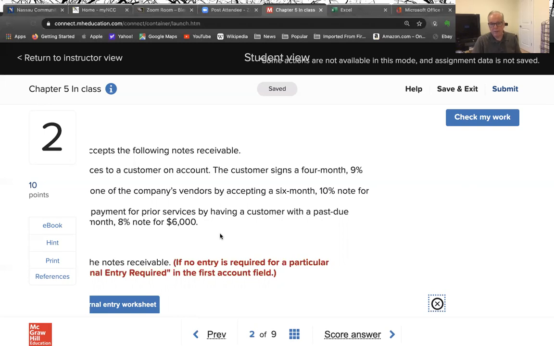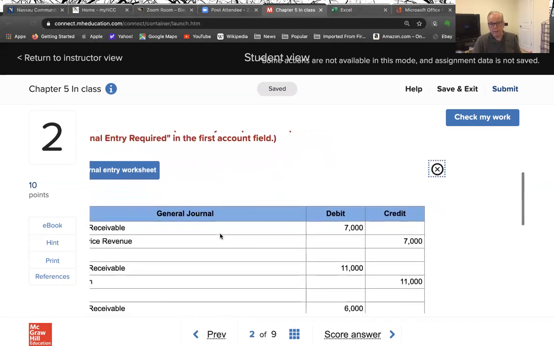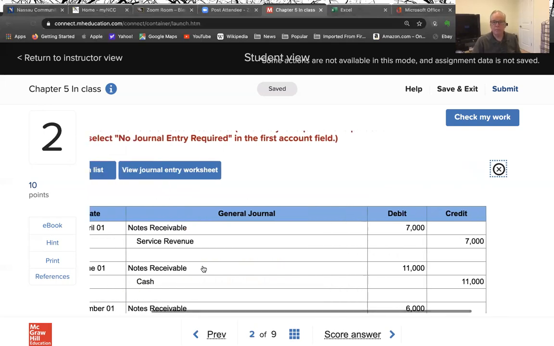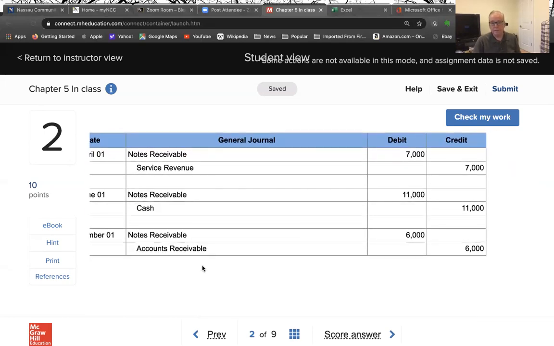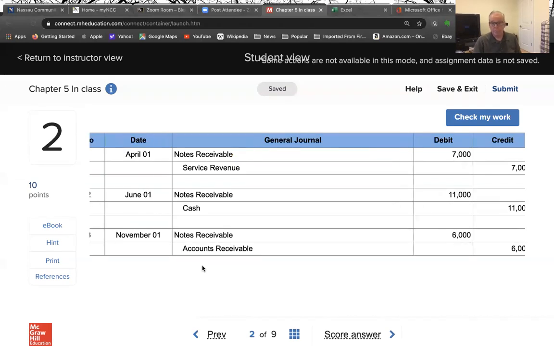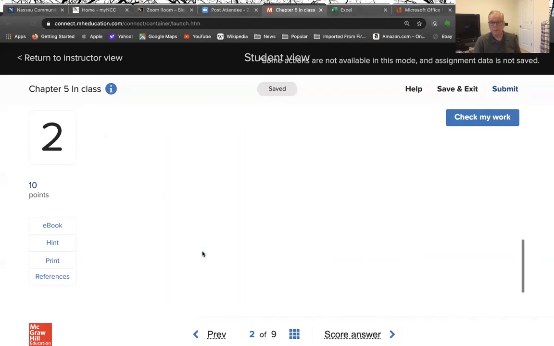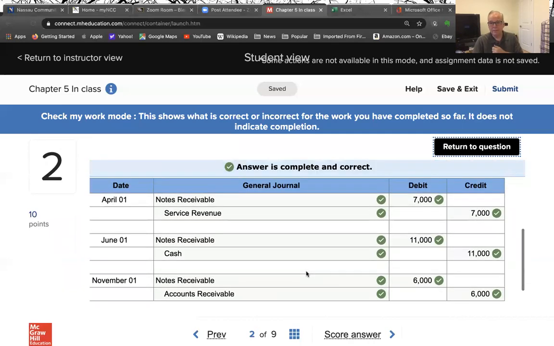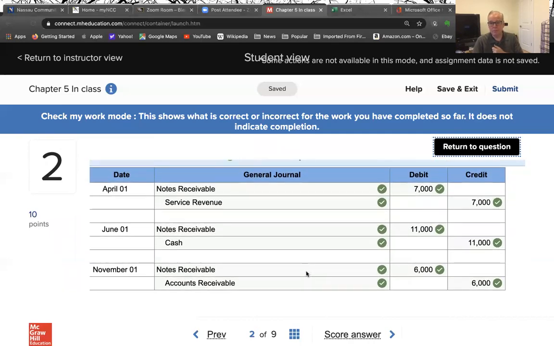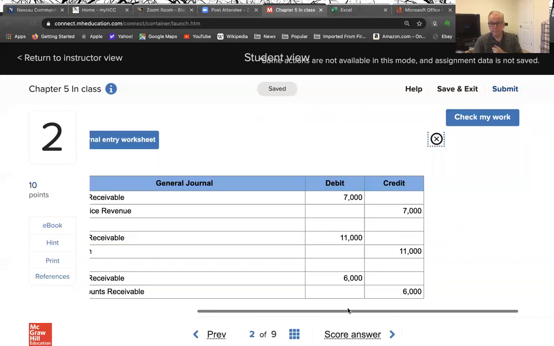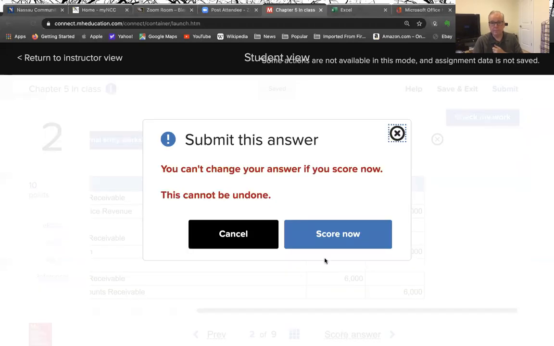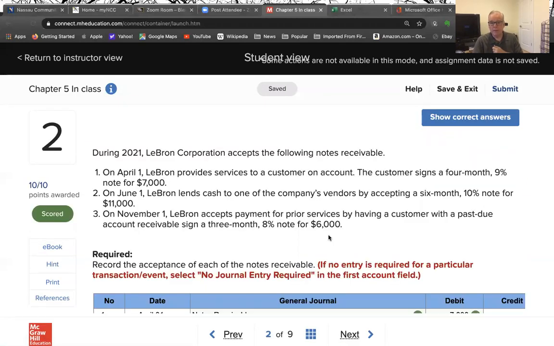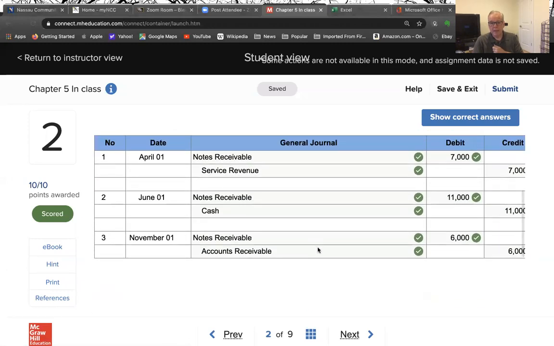You lend cash. What's the third way? Well, someone that can't pay you, you want to give more time, right? Debit notes receivable, credit accounts receivable. All right, so we see that those are all correct. All right, so that takes care of that.